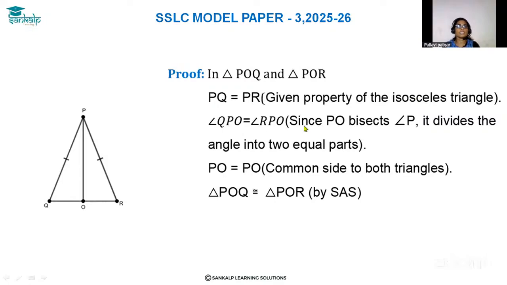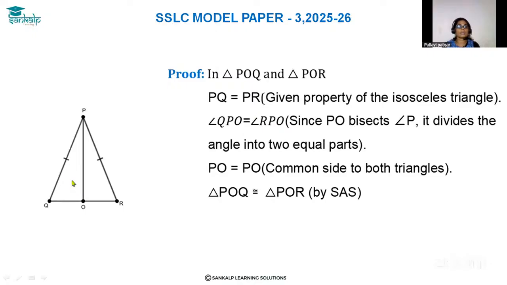So here PO bisects angle P, it divides the angle into two equal parts. That is, angle QPO is equal to angle OPR. So bisect is happening, so hence angle QPO is equal to RPO. This is the reason.